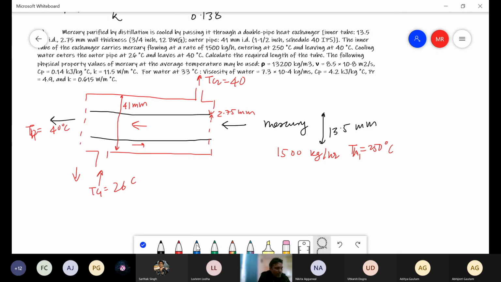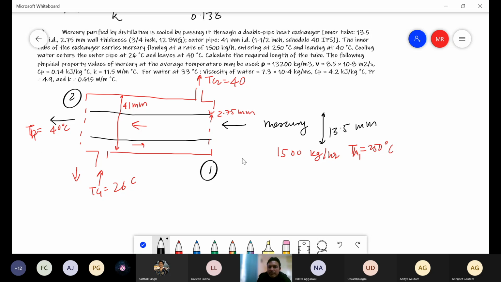Now in this case, there are three things happening. One is the heat transfer between the fluids here. Let's say this is location 1, and this is location 2.